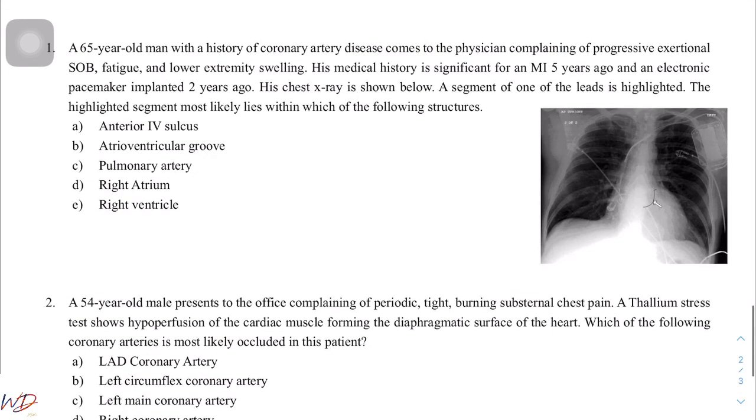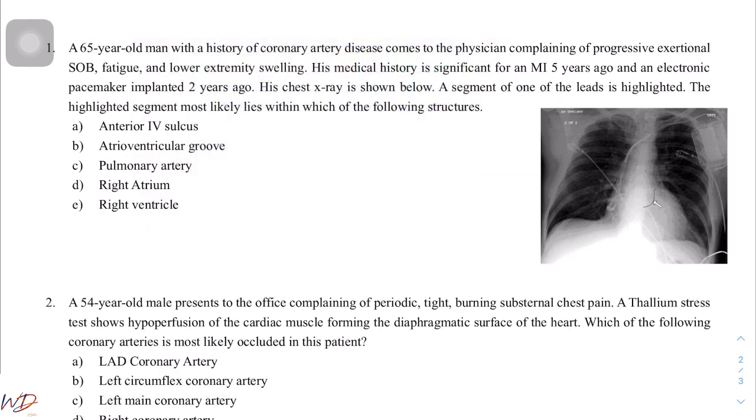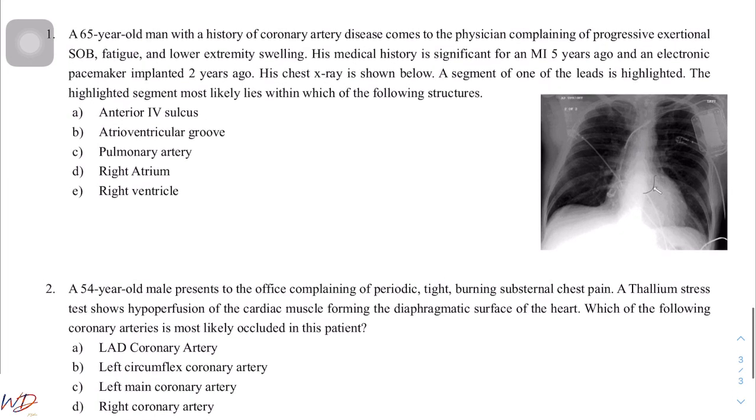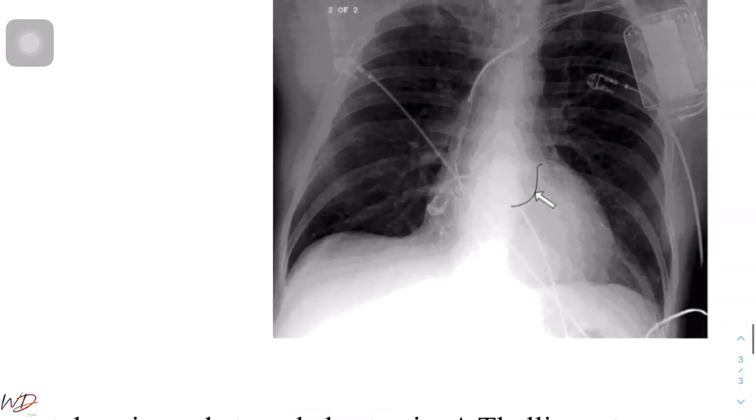So the final part will be some questions that you need to answer. The first one, let me give you some help. They will place a biventricular pacemaker in this patient, and it should go through the coronary sinus. One lead will be in the right atrium. The other one will go through the coronary sinus.